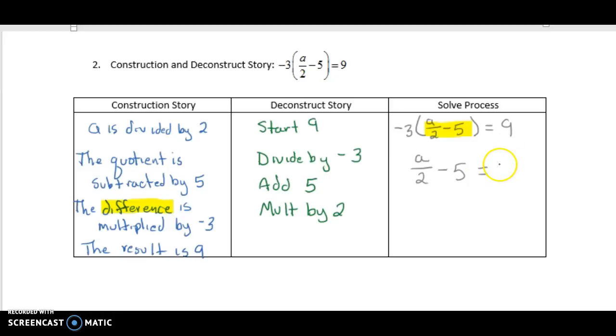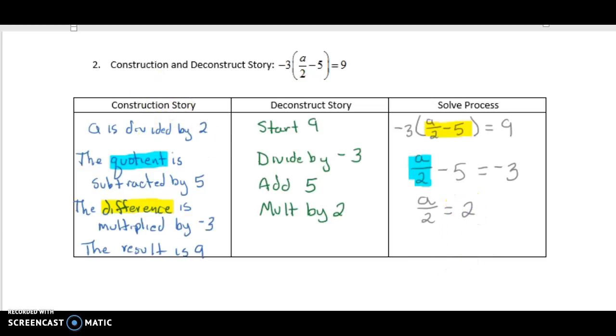And that difference is now equivalent to -3. Next, we know that we have a quotient, and here is our quotient. And so we have to add 5, and we're left with the quotient. And when we add 5, we end up with 2.